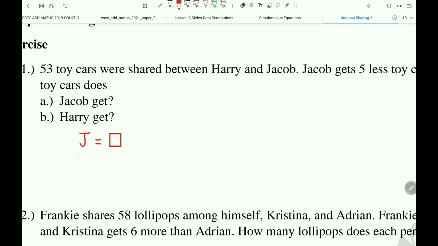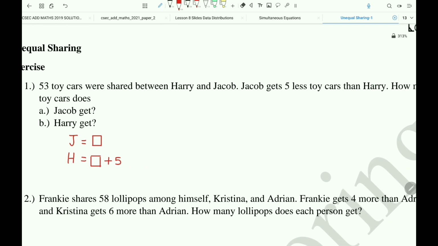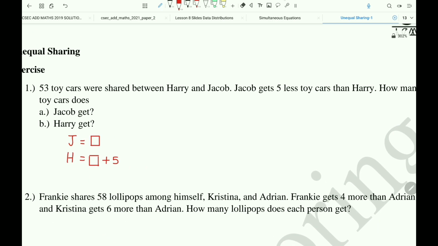So in this case, we figure out Harry's amount. Now, the question says Jacob got 5 less than Harry, which means that Harry would have gotten 5 more than Jacob, right? And this now is everybody's number in terms of box.